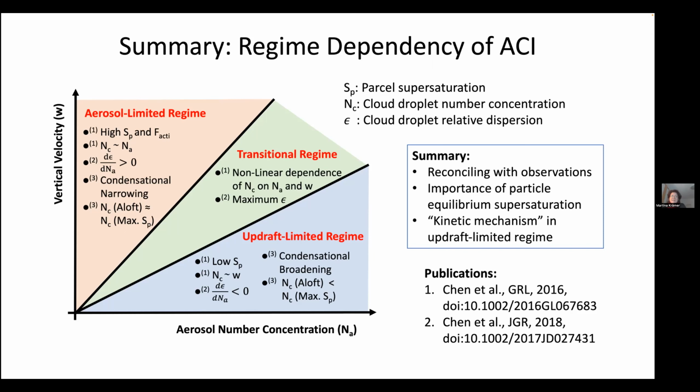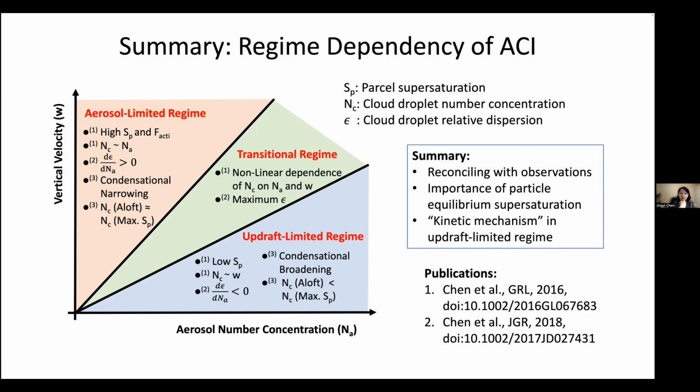But here you have now several points. Usually the first point, in the updraft and aerosol limited regimes, tells us about the supersaturation. When the supersaturation is high, the water vapor is more likely to condense on the droplets.